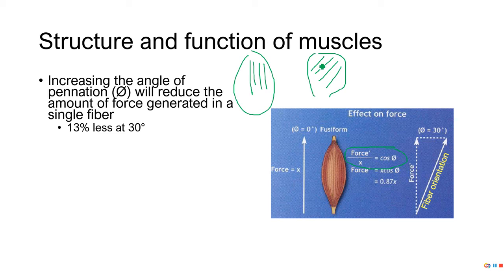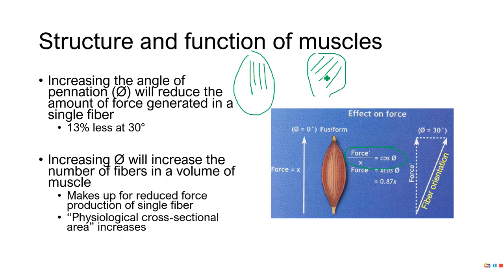However, there is a benefit to having this pennation. The reason is that I can pack more fibers into a volume. As a result, when I have a pennated muscle, I'm going to have more fibers, and it makes up for the fact that those individual fibers produce less force. What we're doing is increasing the cross-sectional area.